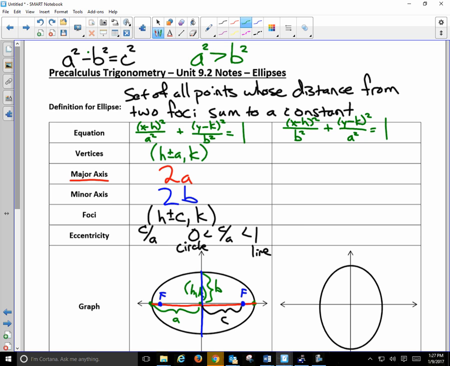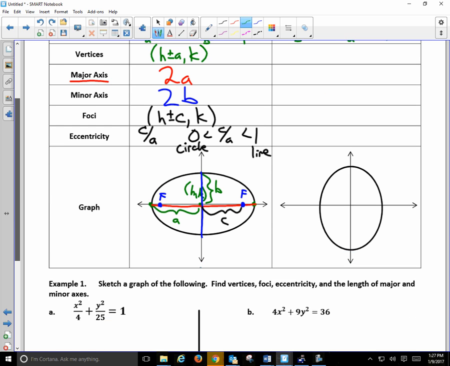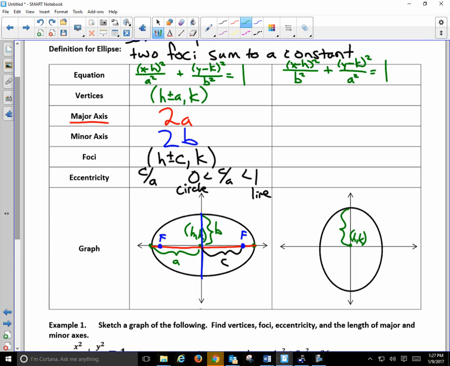Okay. So we got this center, h, k. How many units do you think this is stretched vertically? A units, because the a sits under the y. How many units do you think it's stretched horizontally?